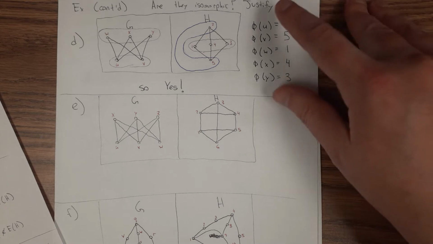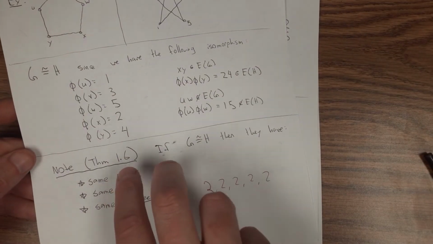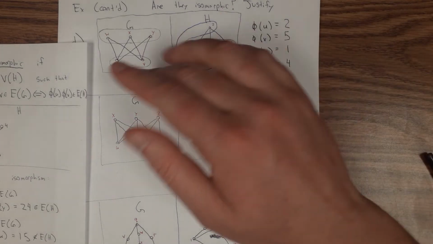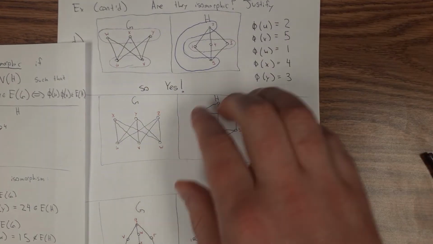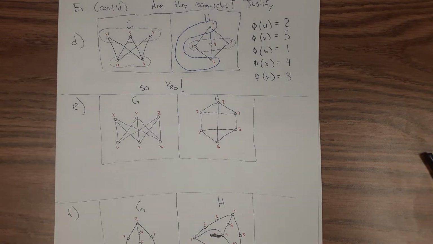But what if you're having trouble finding one? Like, what if they have the same number of vertices, edges, and degree sequence, and so you try finding an isomorphism, and you just can't figure out which vertex corresponds to which other vertex, and you're still not sure whether the answer is yes or no. What can you do?